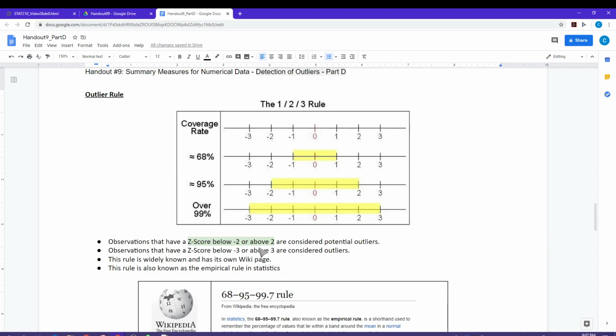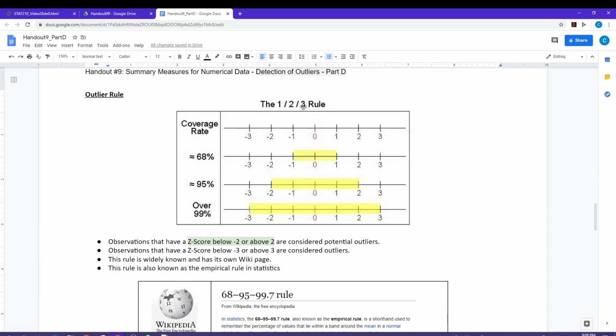So what this would mean is that the distance to the mean for those data points is more than 2 times bigger than the standard deviation, or the average distance to the mean. So if I'm below -2 or above 2 here, then I'm going to be a potential outlier. If I'm below -3 or above 3, then I'm going to definitely be an outlier.